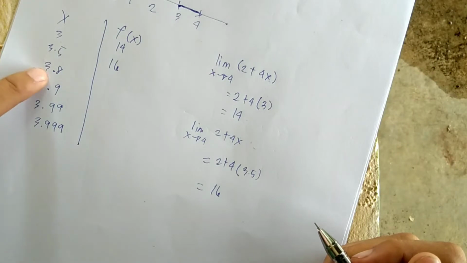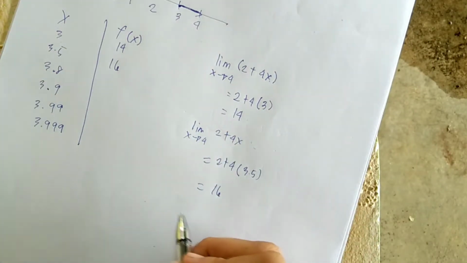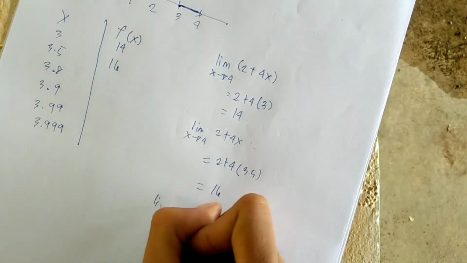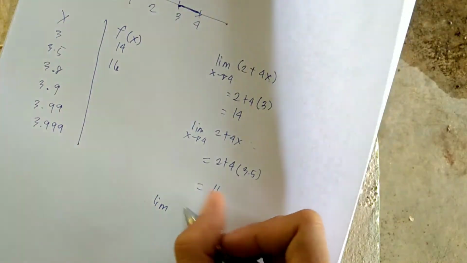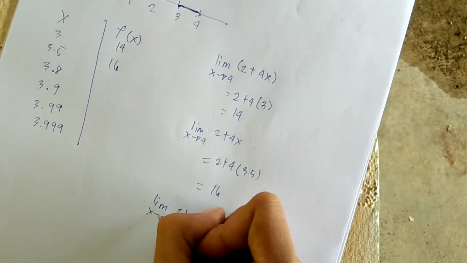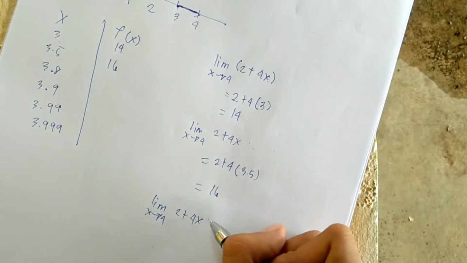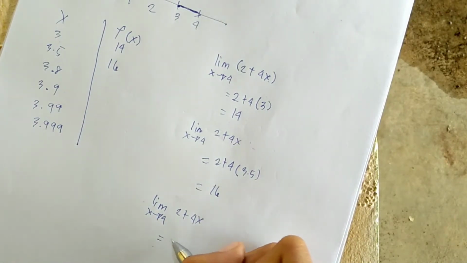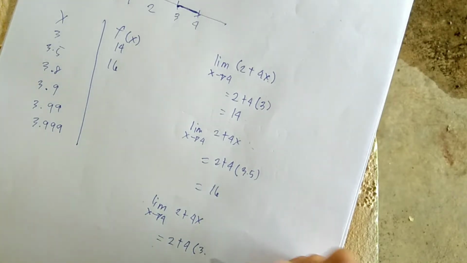So next, 3.8. Limit of 2 plus 4x as x approaches 4. So yung 3.8, 2 plus 4 times 3.8.